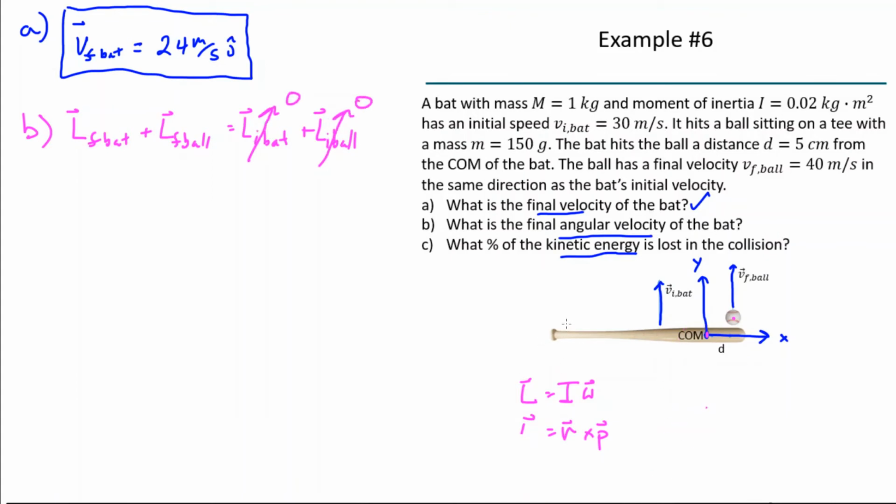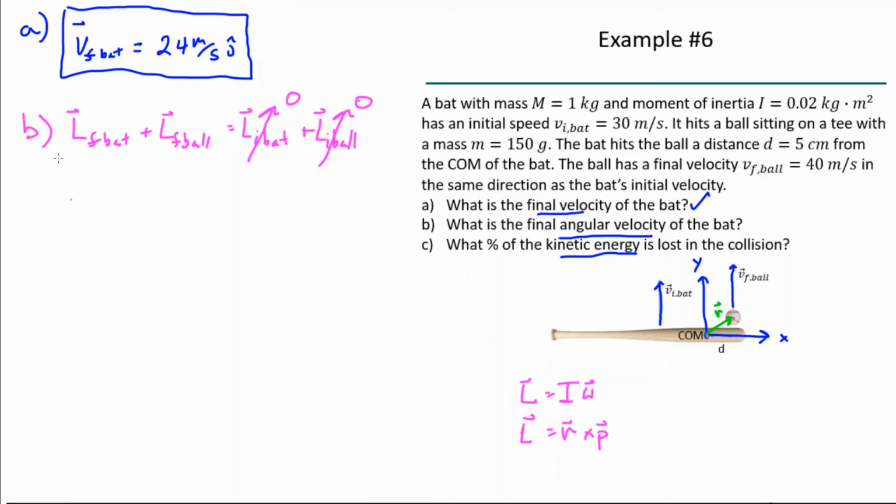So to find the final angular momentum of the ball, well, this is our r vector that connects the origin of our coordinate system to the ball. That's r. The center of mass of the bat is still at the center of the coordinate system, so we can still ignore its angular momentum as a point particle, but it starts rotating after the collision.